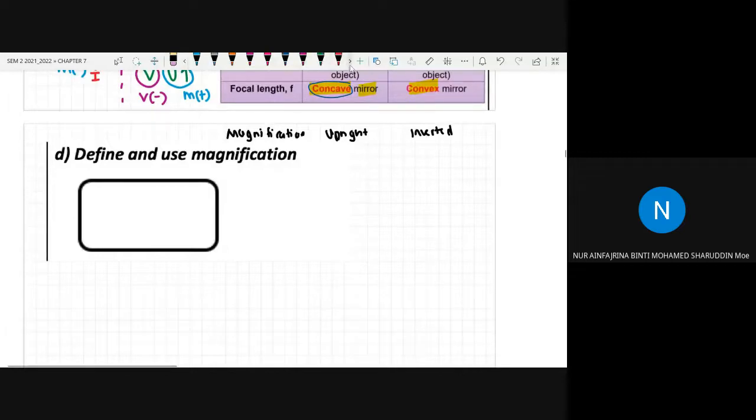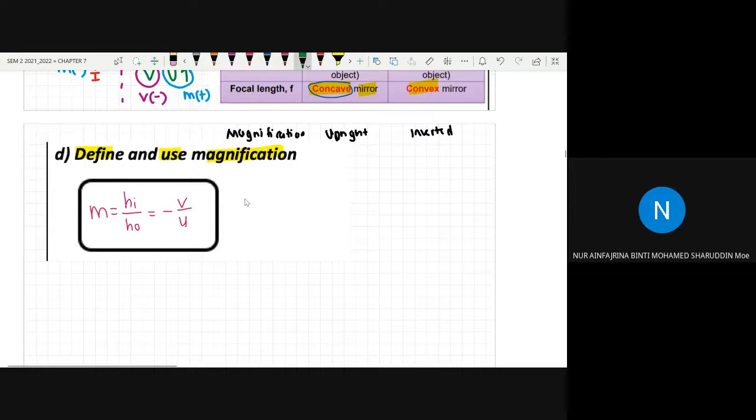So, now, kita akan define and use magnification. Magnification akan sama dengan height of image bahagi dengan height of object, ataupun negative image distance bahagi dengan object distance.